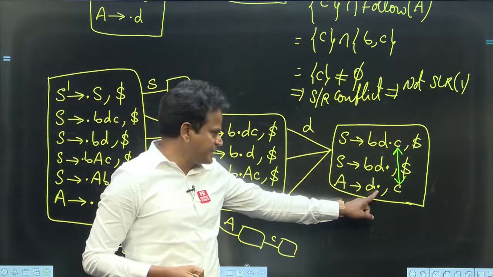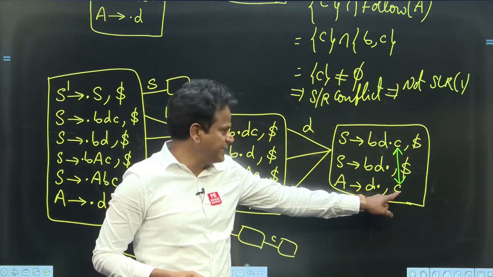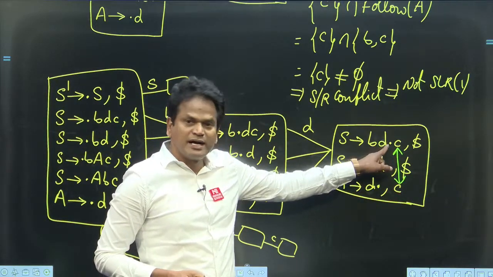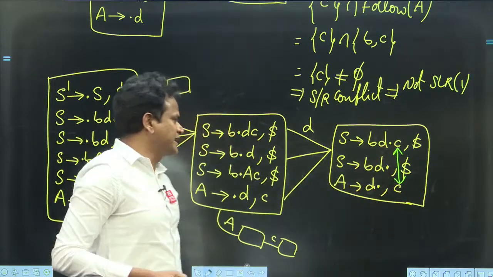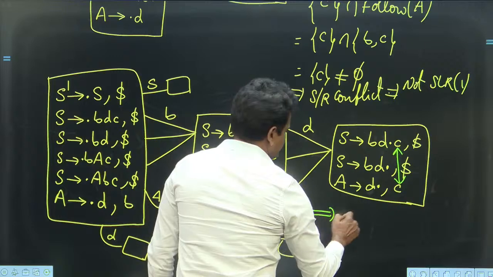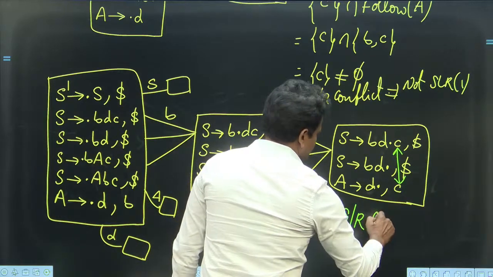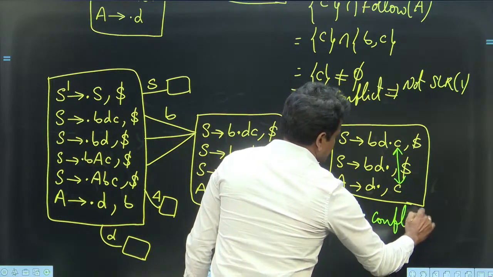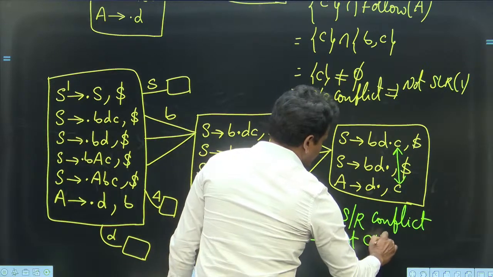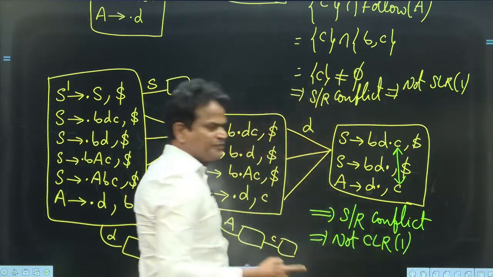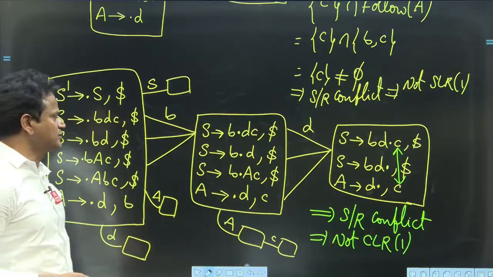So here the final item's lookahead is C and the shift symbol is a terminal, and lookahead and shift symbol both are matched, implies what? Shift reduce conflict. So implies what? Not CLR(1). If it is not CLR(1), it cannot be LALR(1) also.